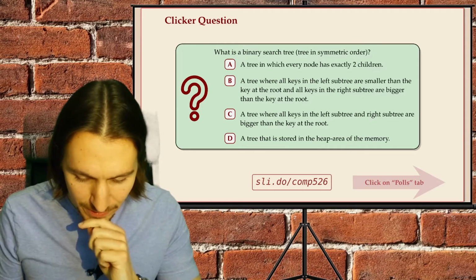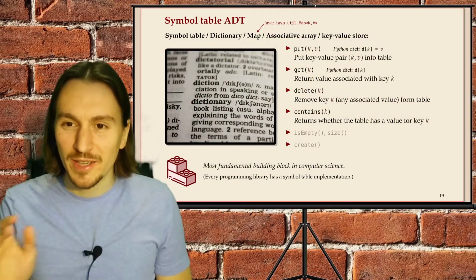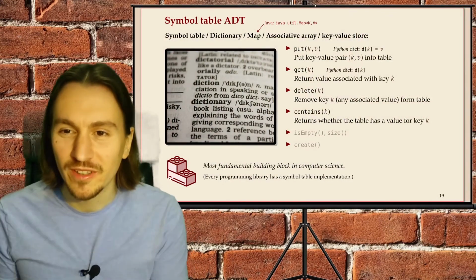I have to hide this briefly. I don't want to show the answer right now. I want to give you a little more time for this. I want to talk while you're voting.